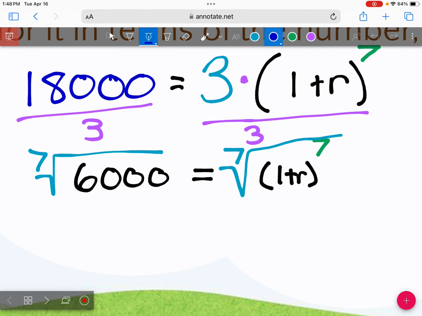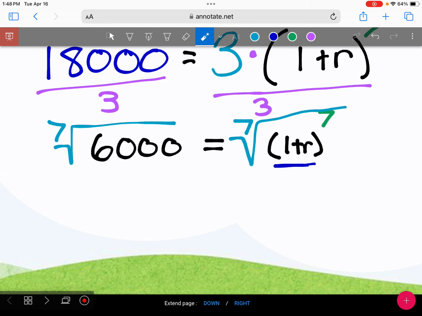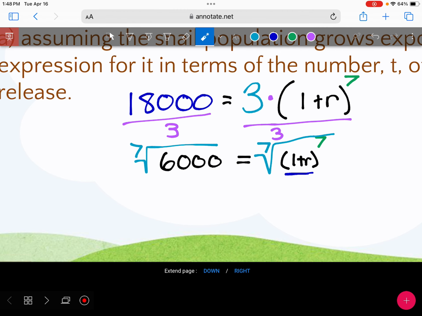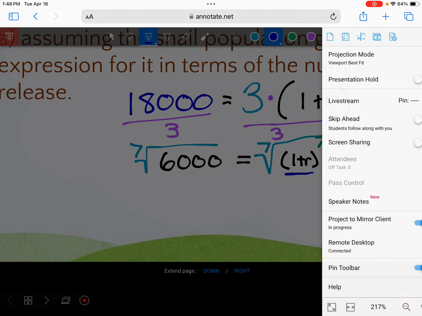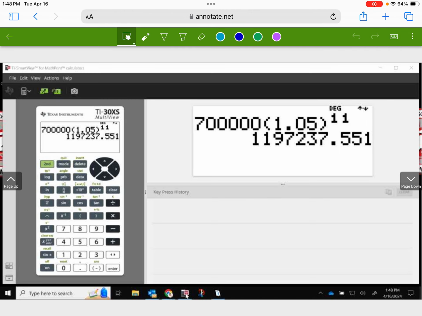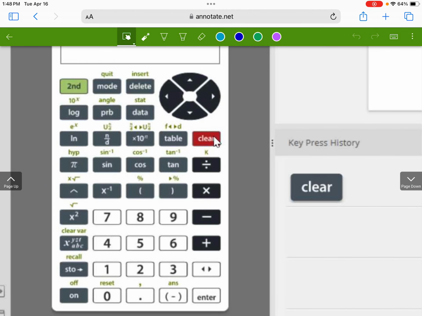So we want to try and get this chunk by itself. So I have to unraise it to the exponent here. Again, not going to be a thing that we do all the time. The way we do this in our calculator is we put in that number, the one we want to take the root of. It's called our index. Then we hit that green button on the top left, and we hit our any exponent key. That gives us our any root.